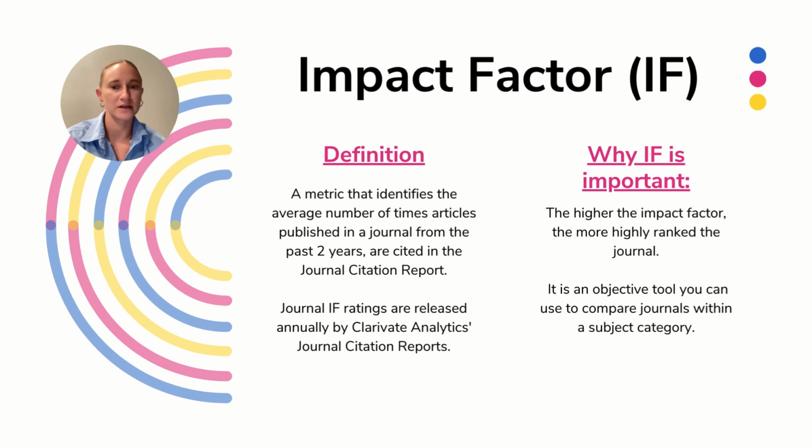So within the field of medicine, you can compare journals that are publishing articles related to the same specialty of medicine. The higher the impact factor, the more highly ranked that journal is considered. The impact factor can be helpful if you are trying to identify journals that you are pursuing for publishing your own research, or if you're trying to identify journals that you may want to become a peer reviewer for.